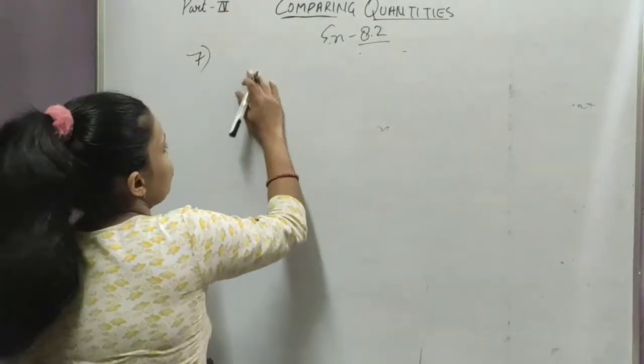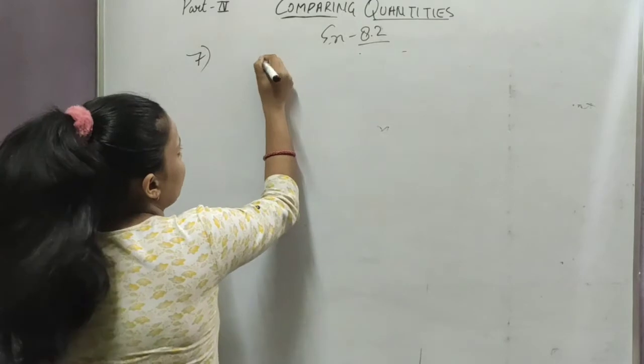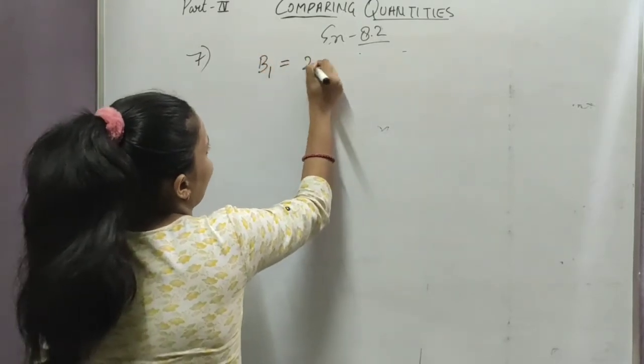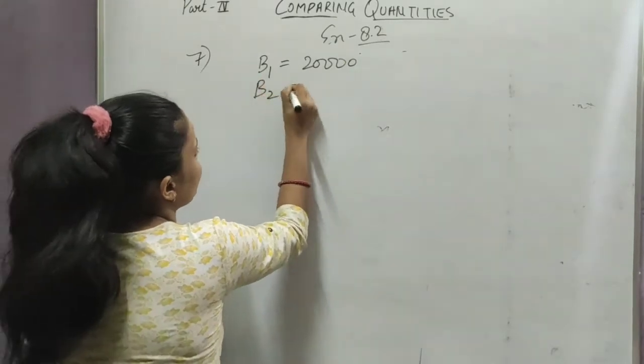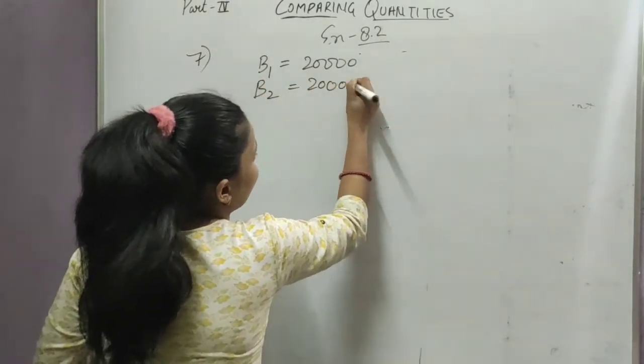Okay. So suppose we have buffalo 1 which was sold at rupees 20,000, buffalo 2 which was also sold at rupees 20,000.